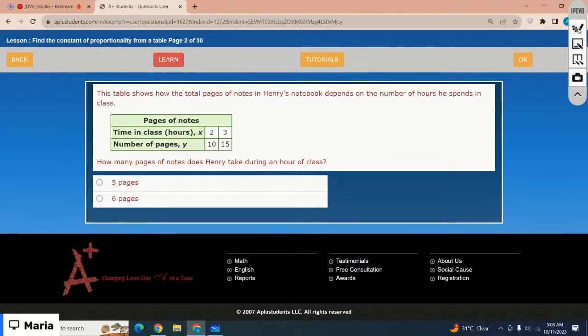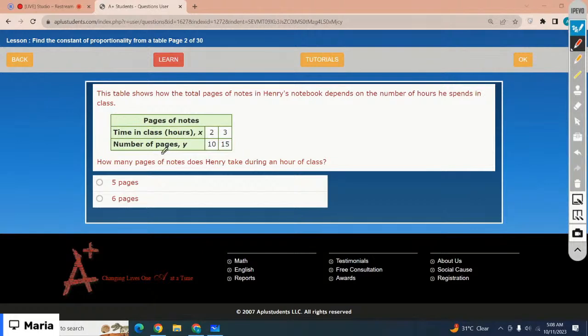So you have to do y over x, right? y is number of pages, x is time in class. So you have to do 10 over 2 and 15 over 3. Got it? So 2 times 5 is 10 and 3 times 5 is 15. That means the number of pages Henry takes during an hour of class is 5. The correct option is 5 pages. Got it? The correct option is 5.